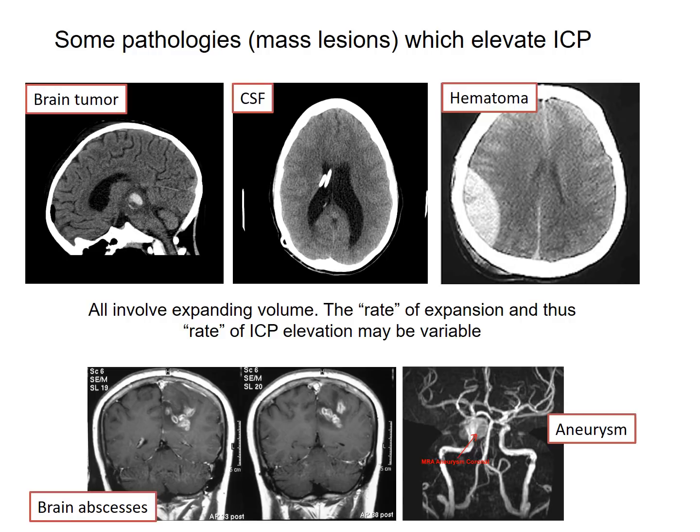So at the beginning, when a space-occupying lesion starts to develop, an individual may not even be aware of it or may only have mild symptoms. But as that lesion expands and the brain begins to herniate, the symptoms become more devastating and eventually lethal.